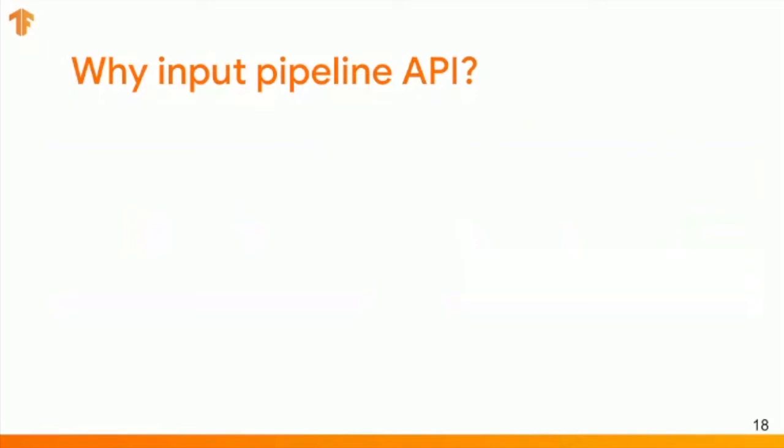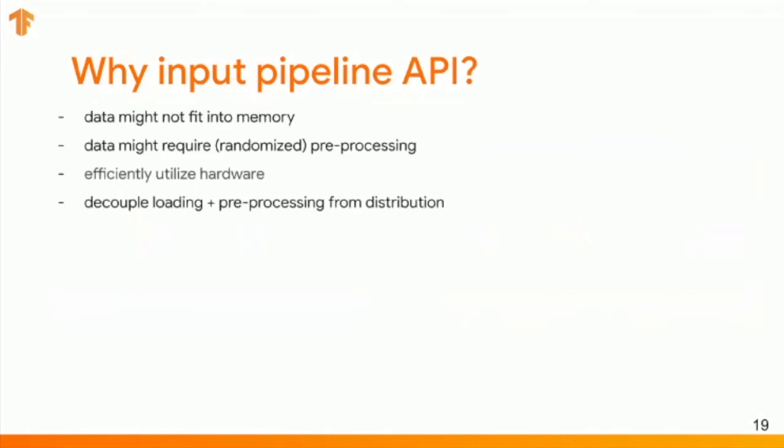For this, TensorFlow offers an input pipeline API. So why do we need this pipeline? For example, maybe your data might not fit into memory because it's way too large. The data might require randomized pre-processing, because of course we need to efficiently utilize the hardware.